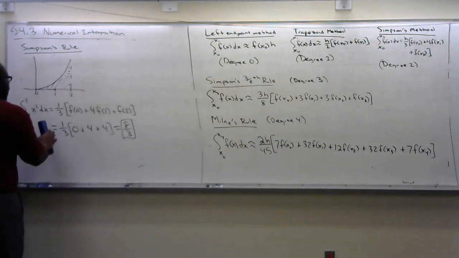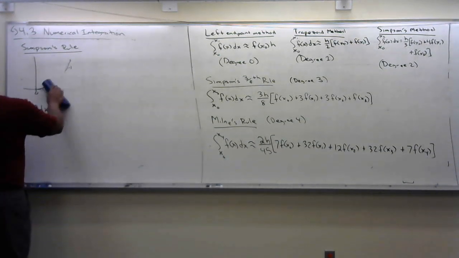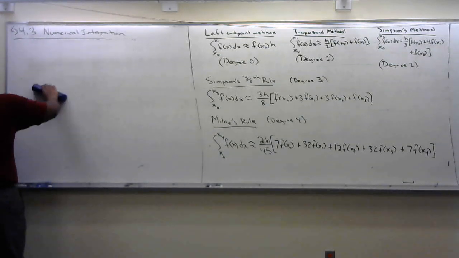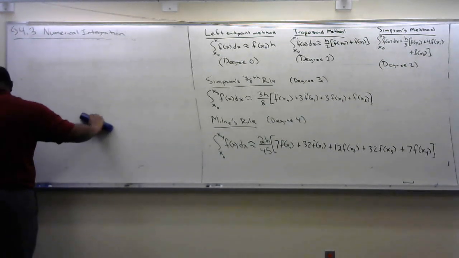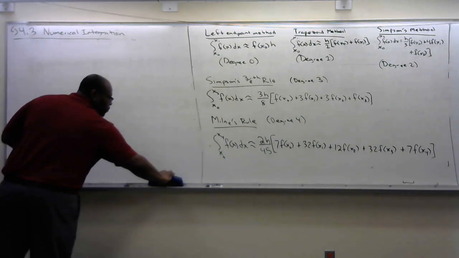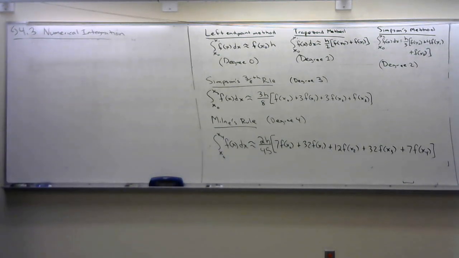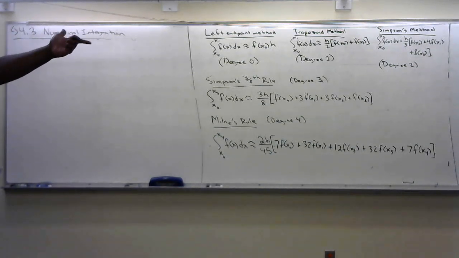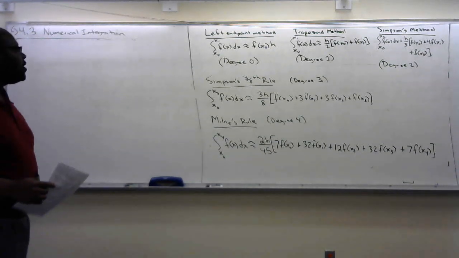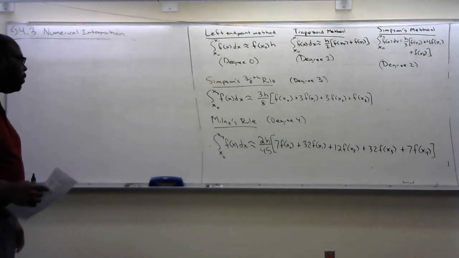Let me give you an example of how good these are, and then we'll talk about the error of the left endpoint, trapezoid and Simpson rules. The first one is Simpson's 1/3 rule, this is Simpson's 3/8 rule, and this is Milne's rule.